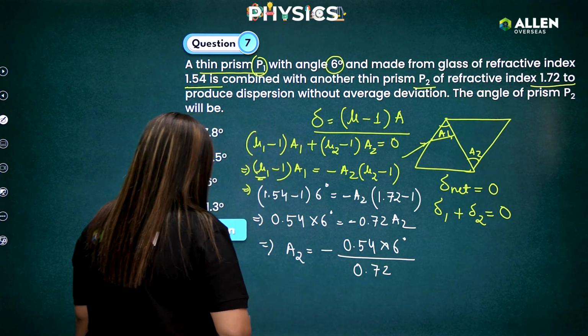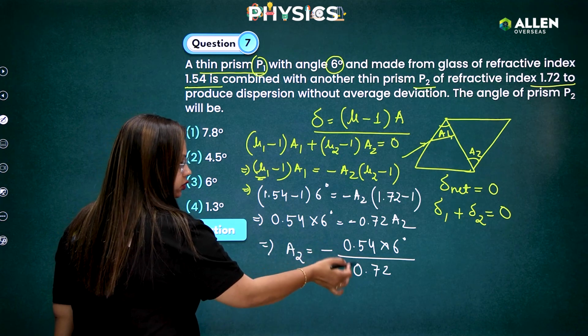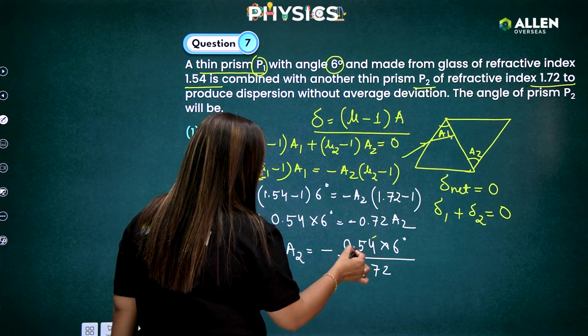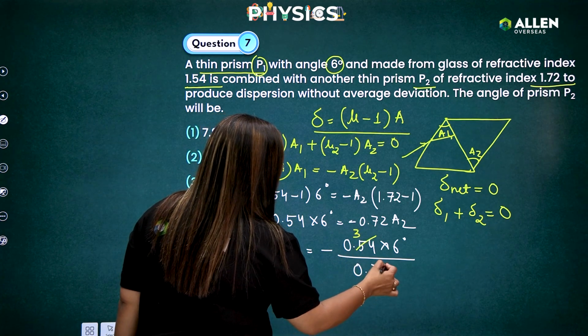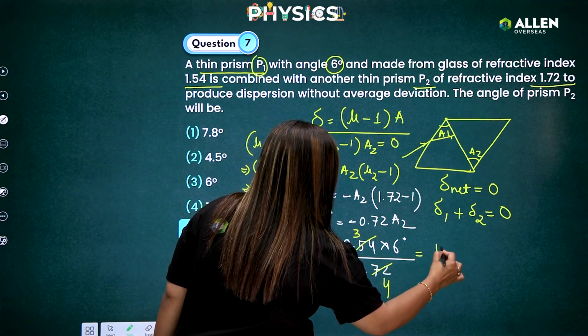Now you can see here the decimal points for these two are equal, so you can treat it as 54 and 72. I am just treating it as 54, that is 18 into 3 is 54, and 18 into 4 is 72. So this is 18 degree.